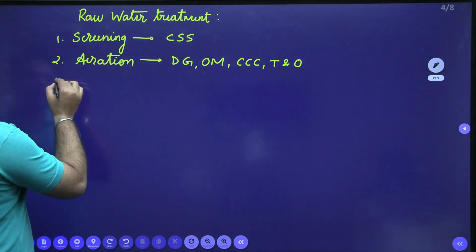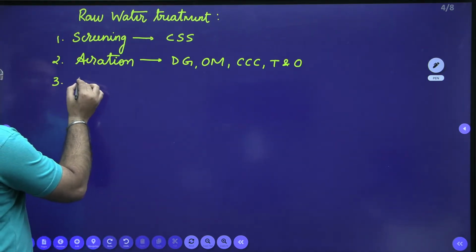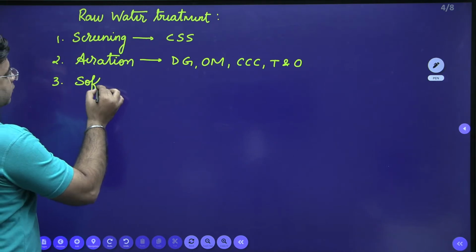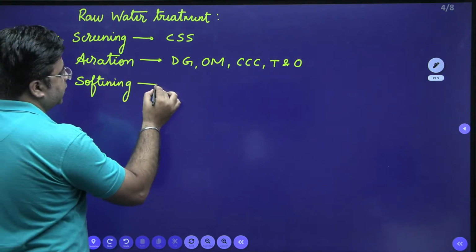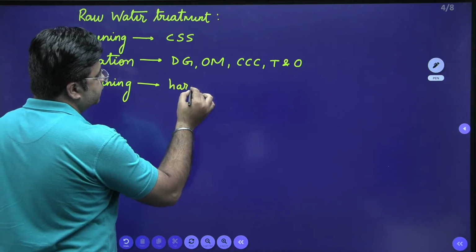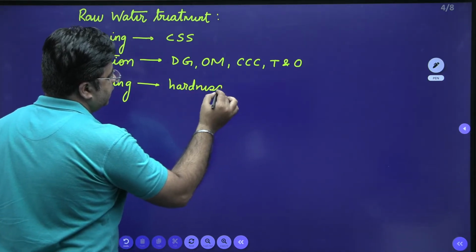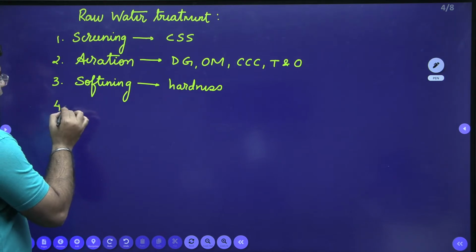After this, we go for softening, which removes hardness from the water. Then we have coagulation and flocculation.